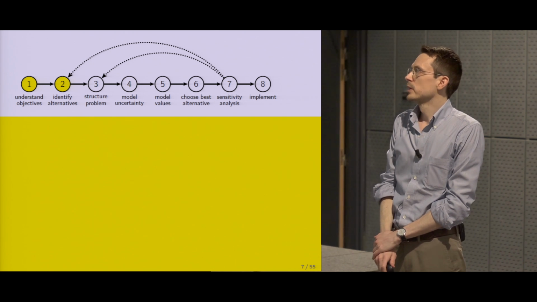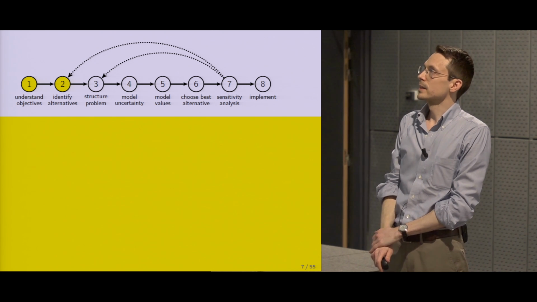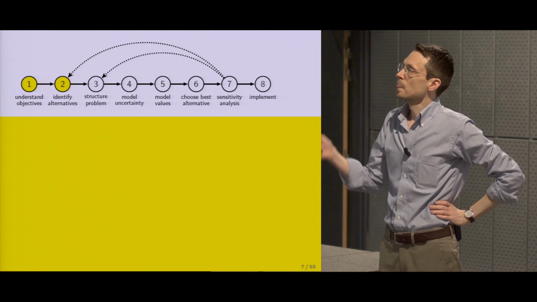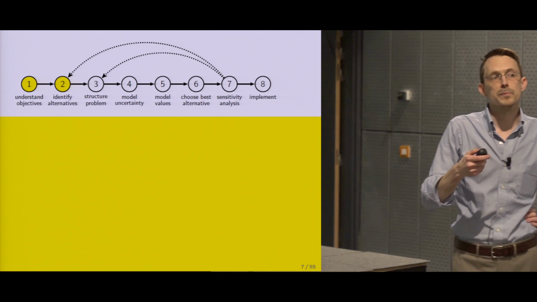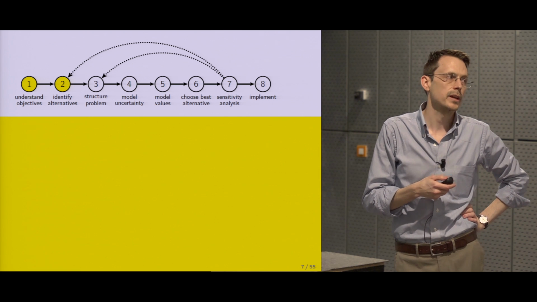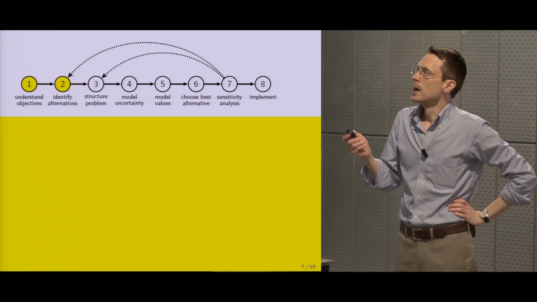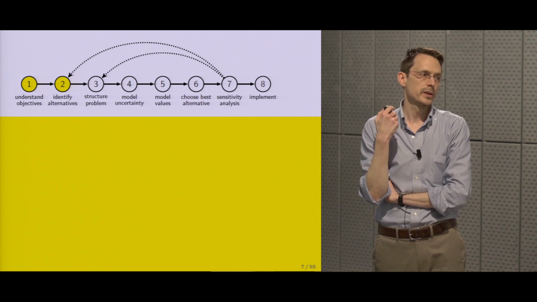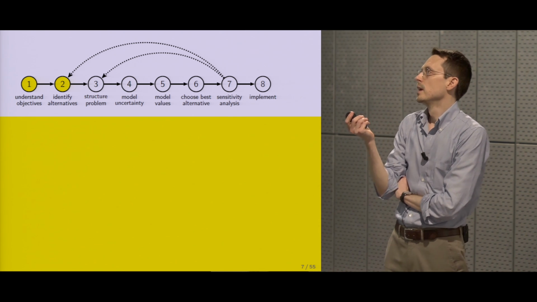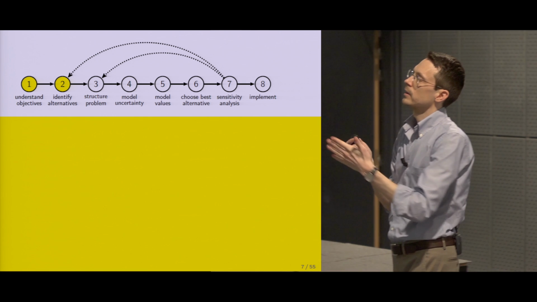I think that should be pretty easy to understand, not that it's always easy to do. Decision analysis has a bunch of qualitative methods to help decision makers think through this kind of thing. I'm not going to talk about them. Identify alternatives. So this means alternative policies or actions that you might take. Also easy to understand what it is, not always easy to do.